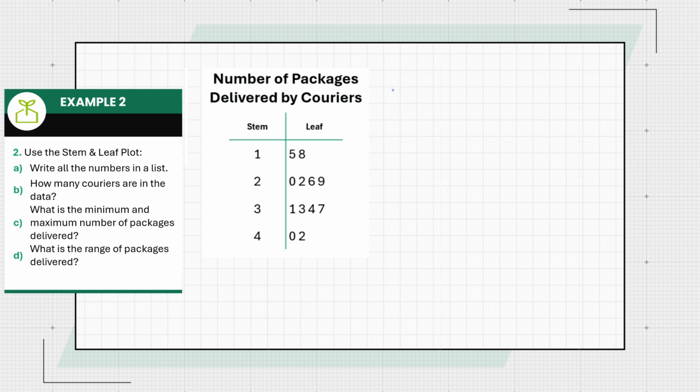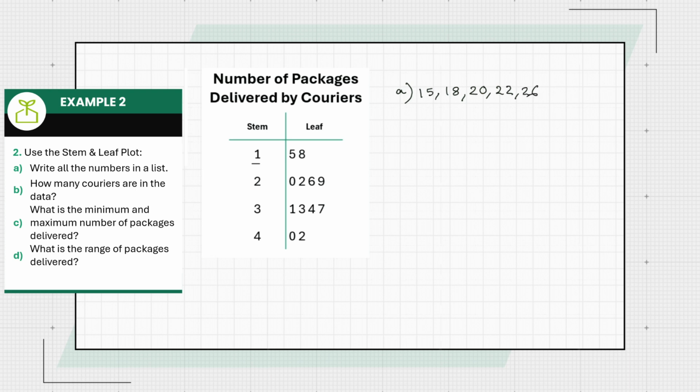So for our first one, A, we have write all the numbers in a list. Let's get started with our first stem here. We've got 1 and then a 5, and 1 and an 8, so 18, then 20, then 22, and then 26.